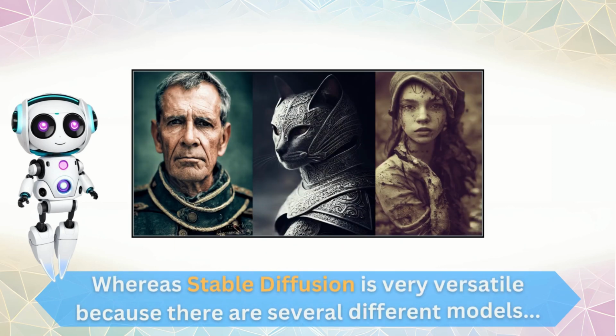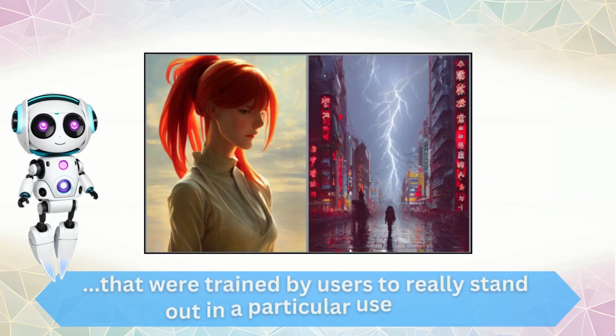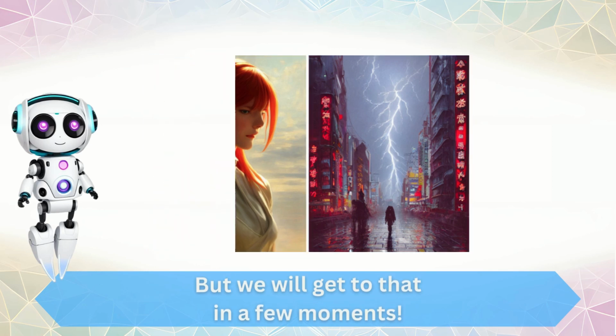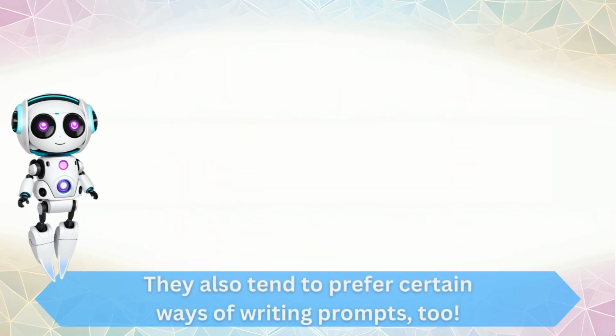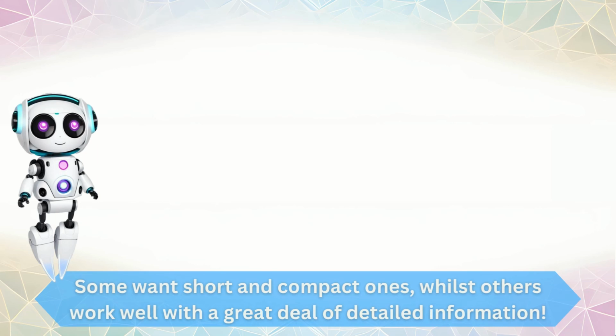Whereas Stable Diffusion is very versatile because there are several different models that were trained by users to really stand out in a particular use case. But we will get to that in a few moments. They also tend to prefer certain ways of writing the prompts too. Some want short and compact ones, whilst others work well with a great deal of detailed information.